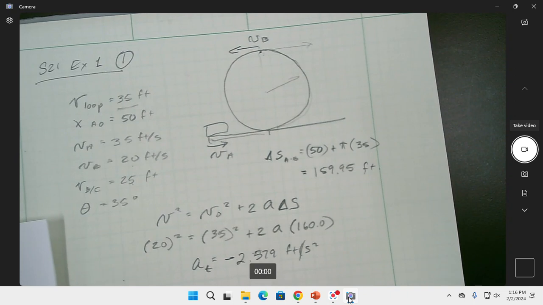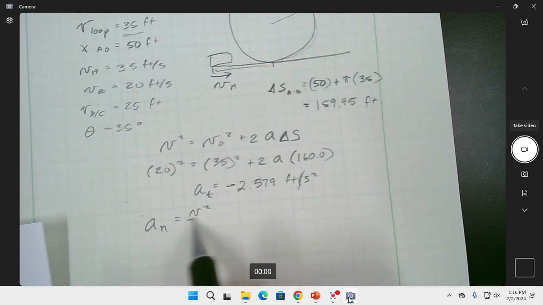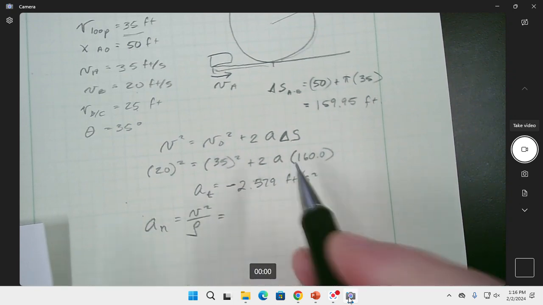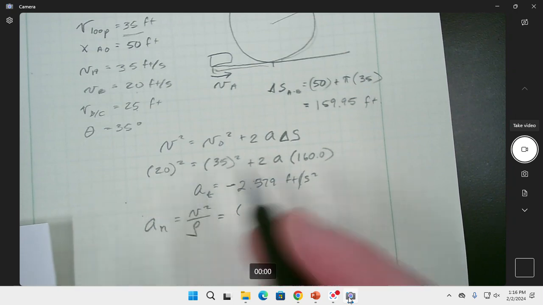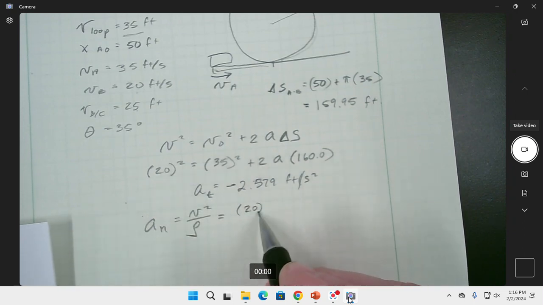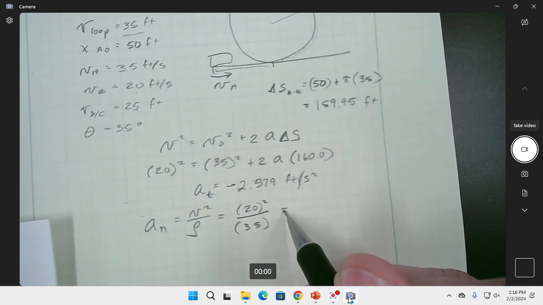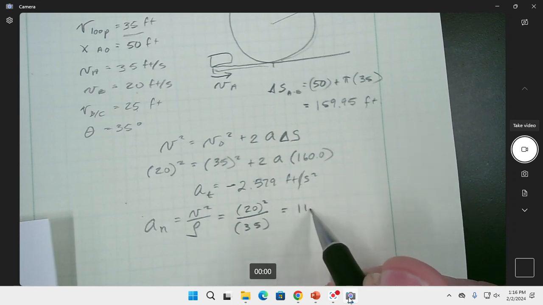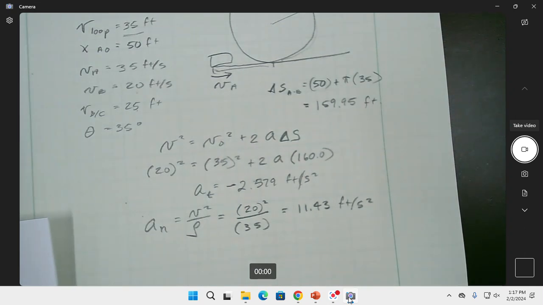Remember that AN is equal to V squared over rho. The V we're talking about here is going to be the 20, because that's what's happening at that position, and the radius was still 35. That's going to be 11.43 feet per second squared.